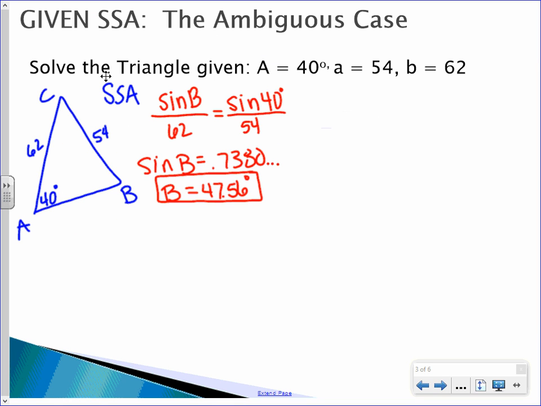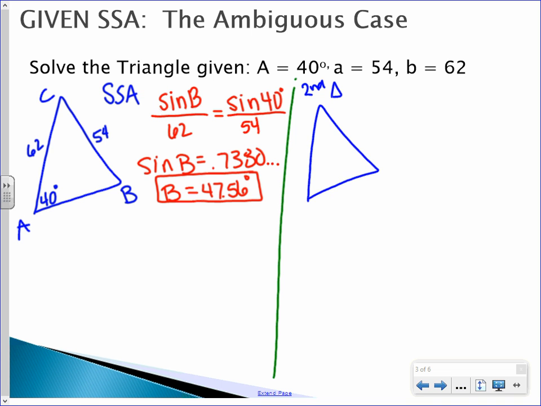Now, before we continue, it is possible that we have a second triangle. Since we are working with the ambiguous case, it is possible that we have a second triangle. So we need to figure out if we do or not.